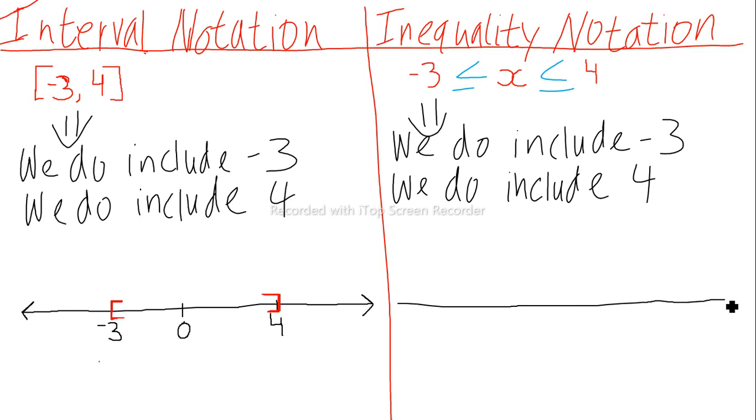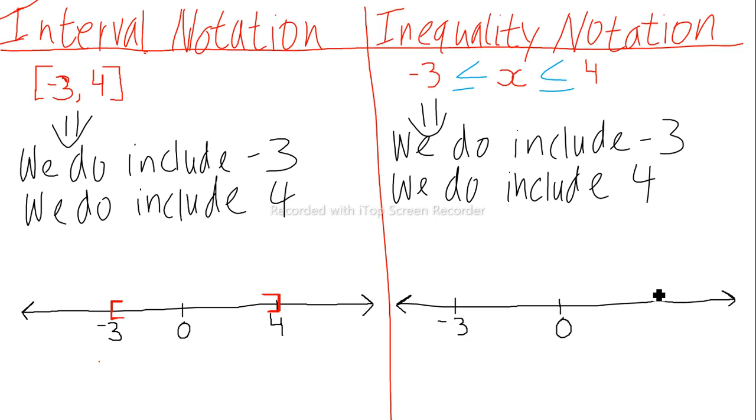Alright. Okay, so we have 0 here, and we are going to put the endpoints. The endpoints have to be in the diagram. So it's going to be -3.